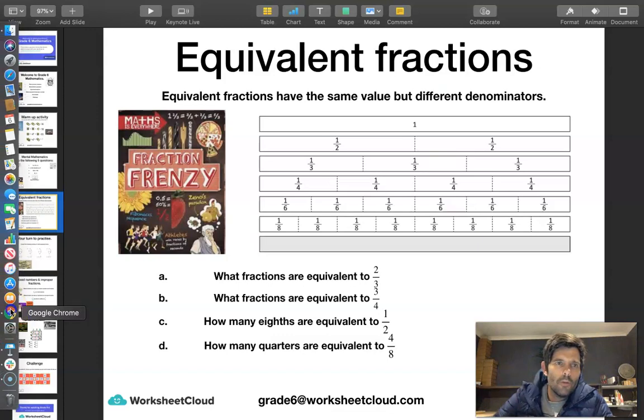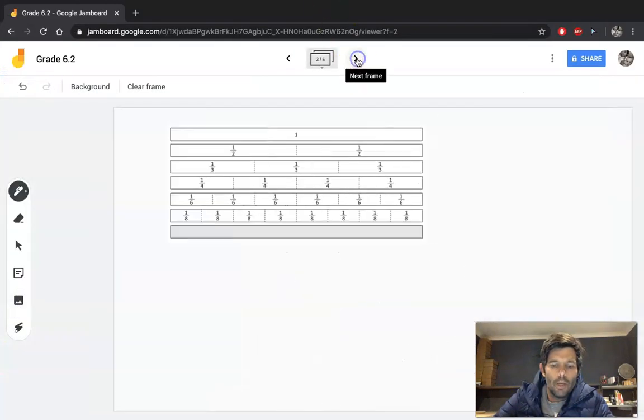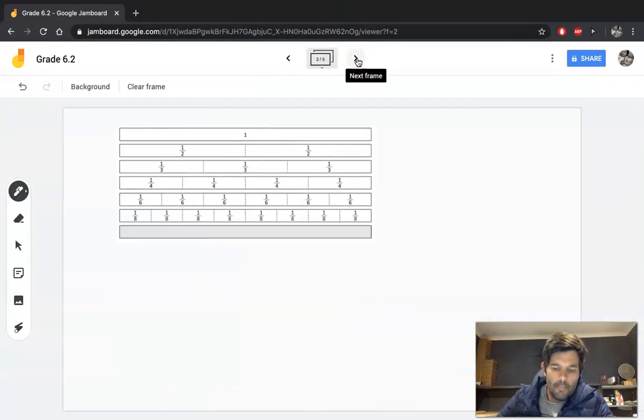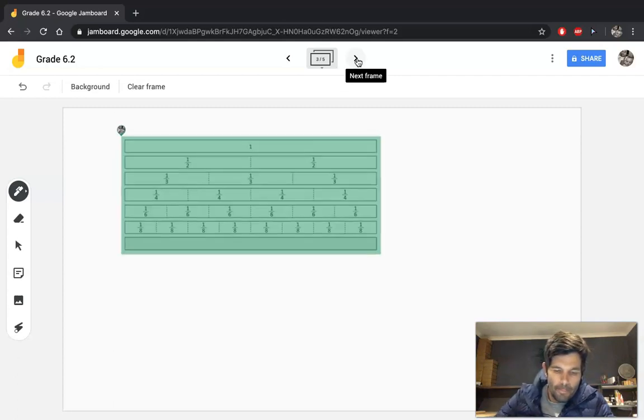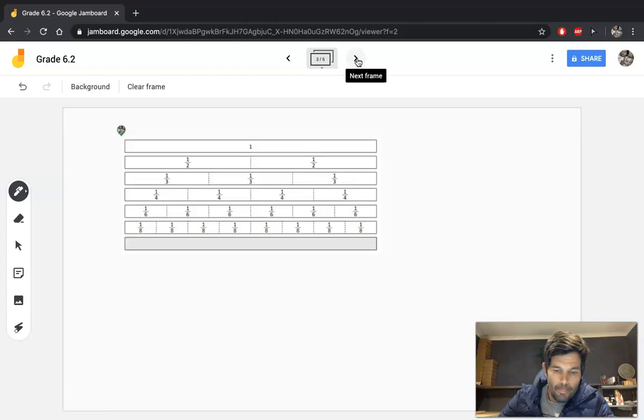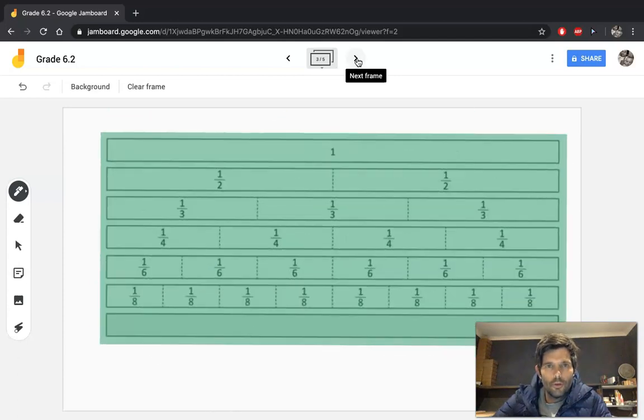So if I go to my Jamboard and I have the same picture, there it is. I'm just trying to get it a bit straighter for you. And they've asked us what fractions are equivalent to 2/3.